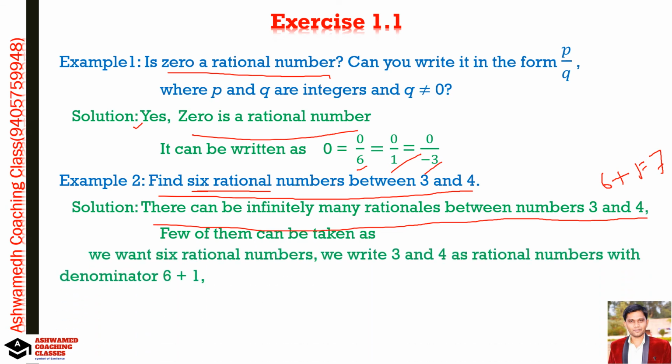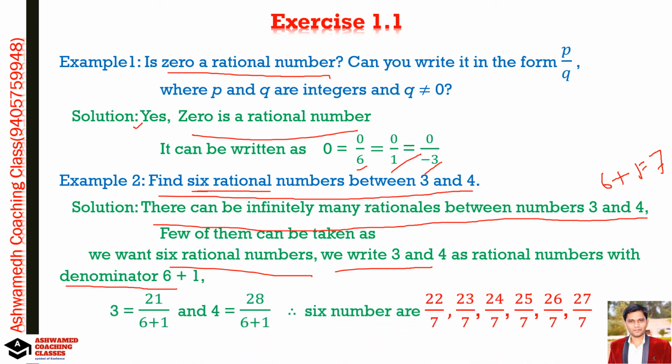We want 6 rational numbers, so we take 3 and 4 as rational numbers with the denominator 6 plus 1. 3 can be written as 21 upon 7, and 4 can be written as 28 upon 7. Between these two we get 6 rational numbers: 22 upon 7, 23 upon 7, 24 upon 7, 25 upon 7, 26 upon 7, 27 upon 7.